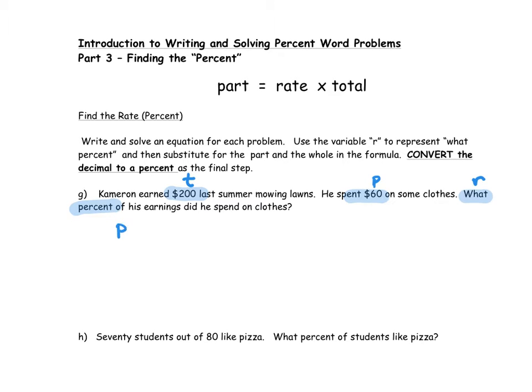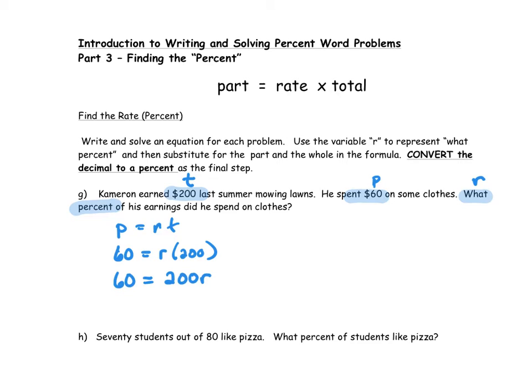So we're going to start our equation like this. We know the part that he spent was $60. We don't know the rate, the percentage rate, but we do know that the total is $200. Now, we're not necessarily used to seeing the variable first and the number second, so I'm going to rewrite this as 200 times r.